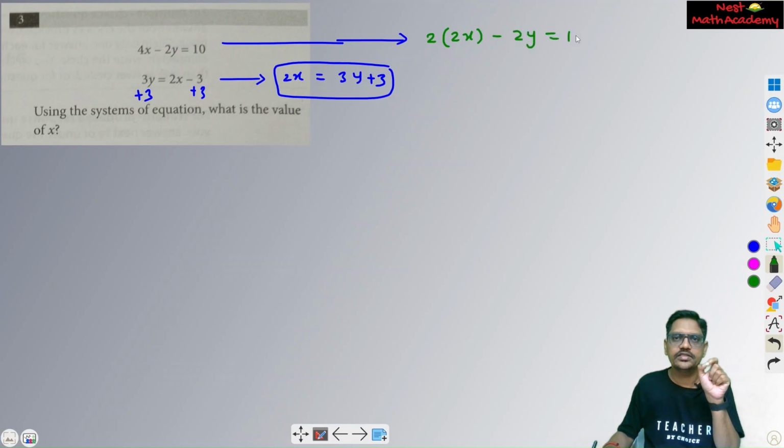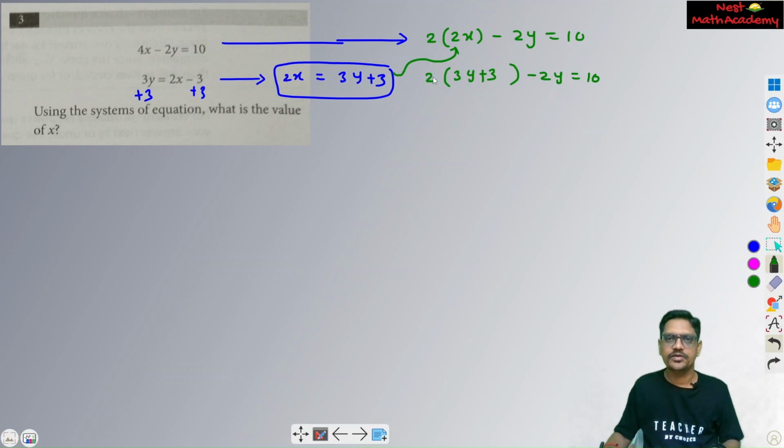Rest of it is as it is. Now this 2x I'm going to substitute here. Following that, everyone? So if I substitute this 2x here, 2 times 2x, in place of 2x I can put 3y plus 3, minus 2y is equal to 10.